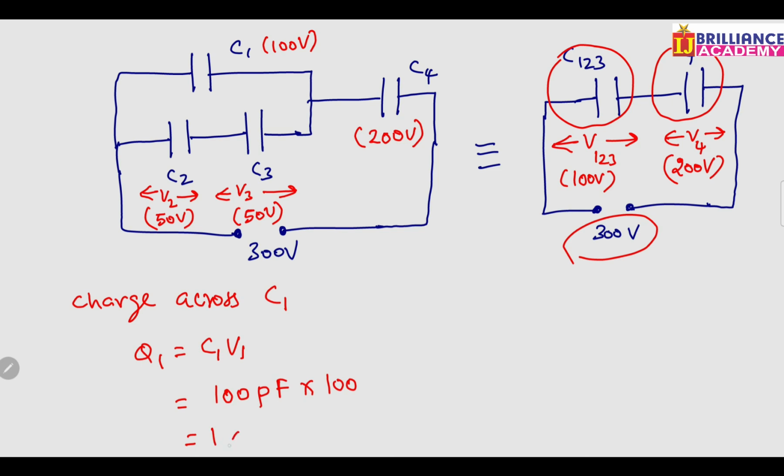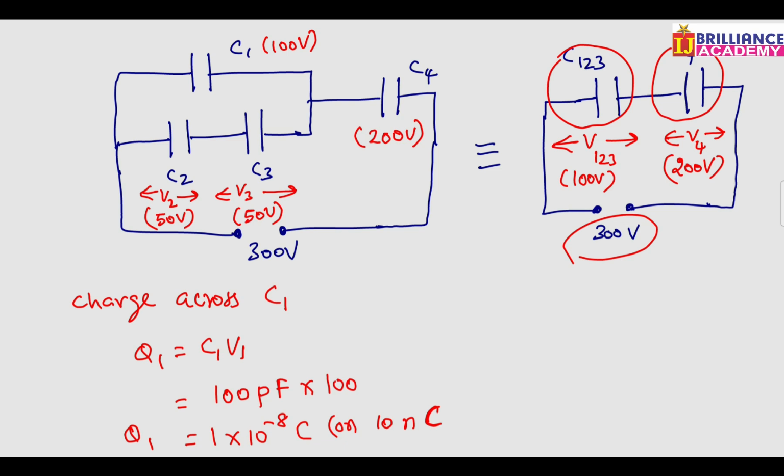So it will be 1 into 10 power minus 8 coulomb, or you can say 10 nano coulomb. We saw the total charge was 20 nano coulomb, so across C1 you are having a charge of 10 nano coulomb.